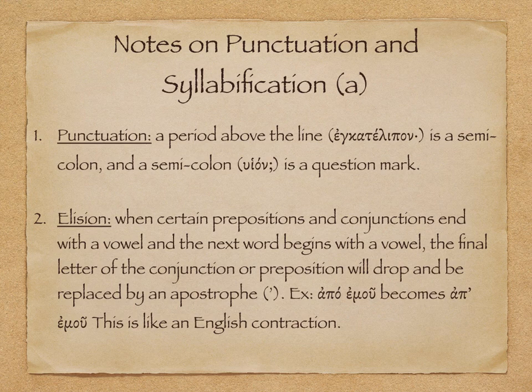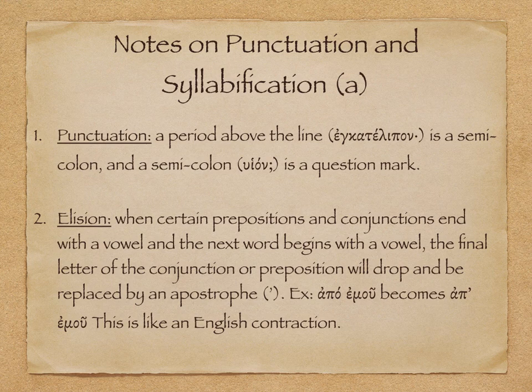In Greek, there are a couple of punctuation marks that differ from English, and I want to draw your attention to them now. A period above the line, as in egg katalepon here, though it can occur after any word, is just a semicolon. That's how a semicolon is written, a period that is elevated above the line.